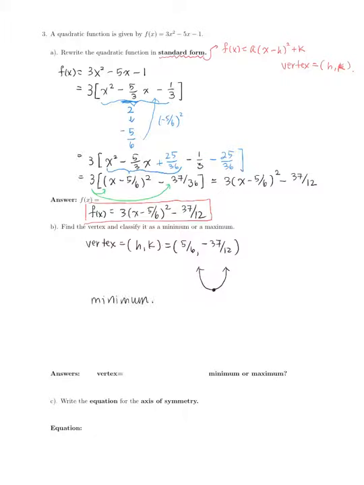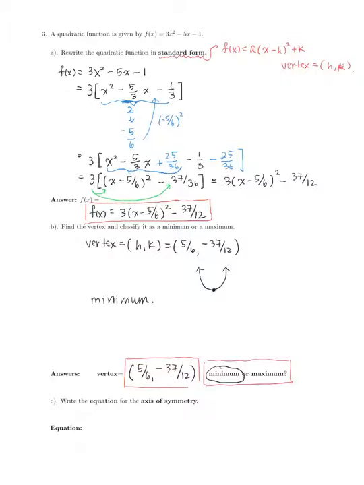So I'm just gonna write down the answer. The vertex is 5 over 6, comma, negative 37 over 12. And maximum or minimum, I'm too lazy to rewrite minimum, so I'm just gonna circle it. I'll just box this whole thing. There you go.